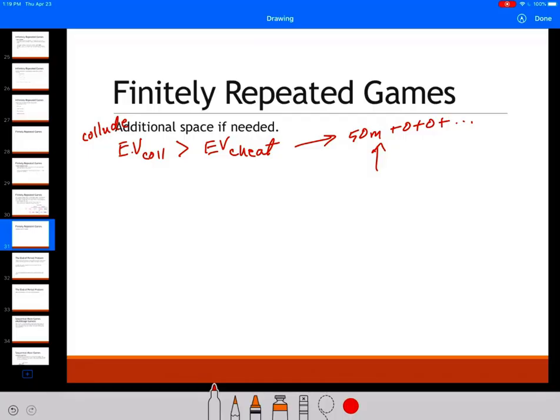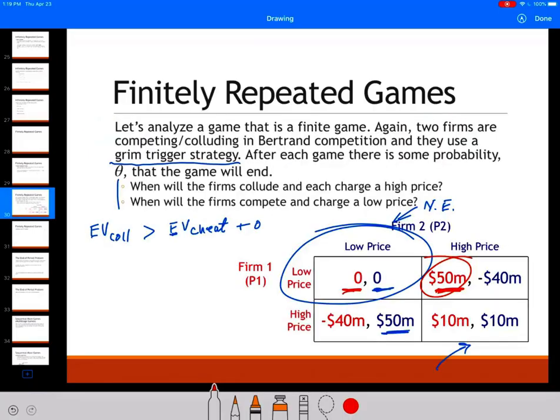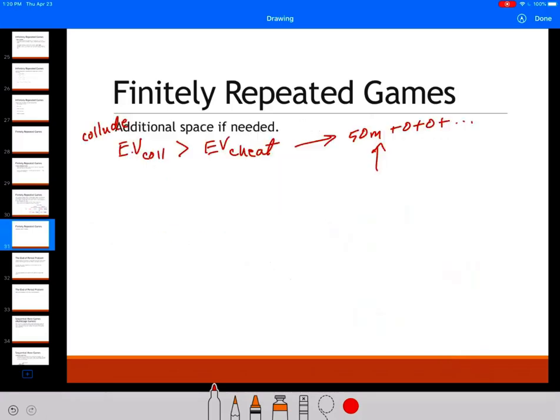But now, colluding: if they're able to maintain this monopoly outcome and collude, then they get 10 million each time they play. And we know the way to find the expected value of colluding is equal to that payout, pi, divided by the probability that the game ends, right? That's what we demonstrated on the previous slide. This payout is the 10 million.